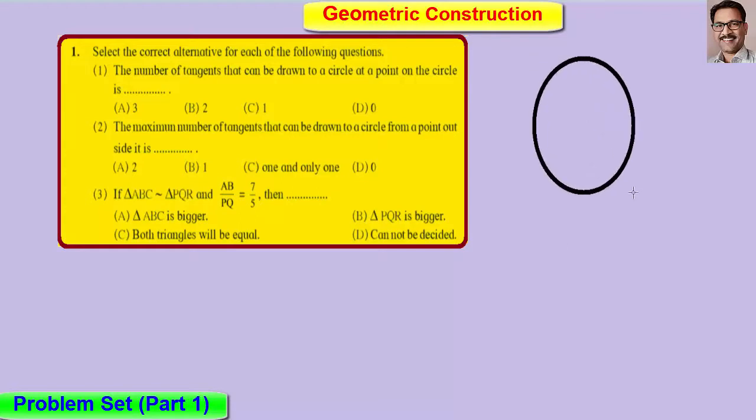This is one circle. Here there is one point on the circle. I'll put one point here on this particular circle, like this.